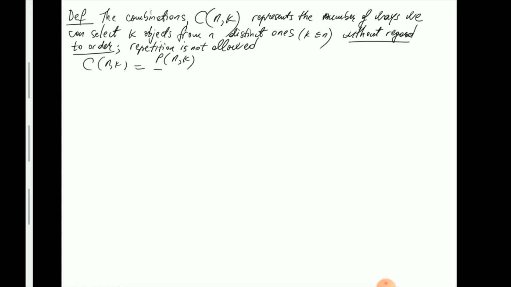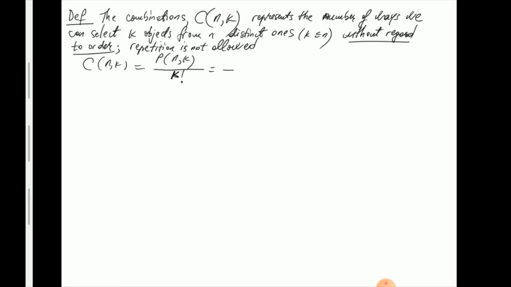Now, once you select k objects, the number of ways you can rearrange those objects is going to be k factorial. So you take the permutation and divide by k factorial so that you count each selection only once. So you divide by the number of ways k objects can be rearranged. That gives you the formula which we use in practice.